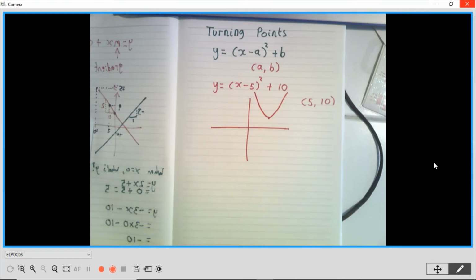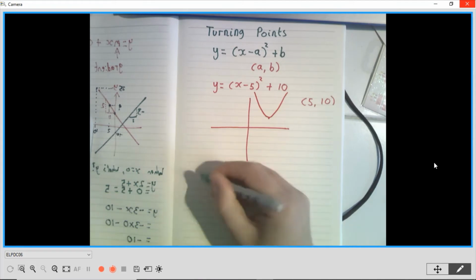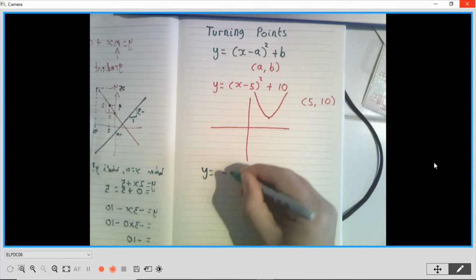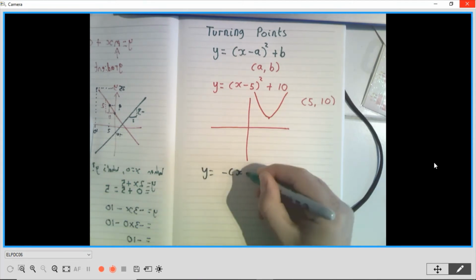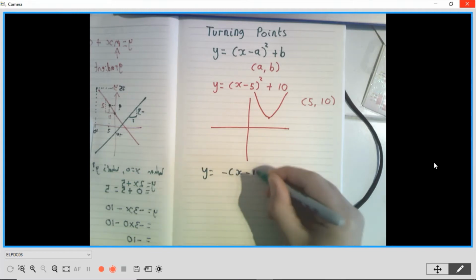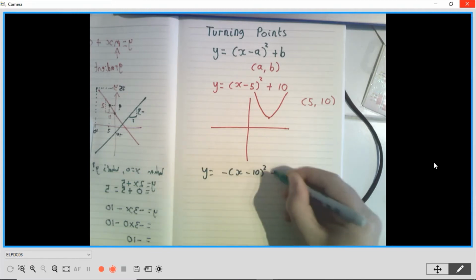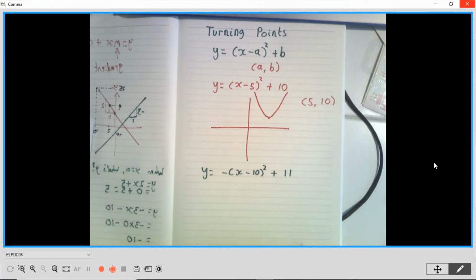We can have it in different forms as well. So let's consider an N shape. Let's do y equals negative (x minus 10) squared plus 11. What's the turning point of this graph?